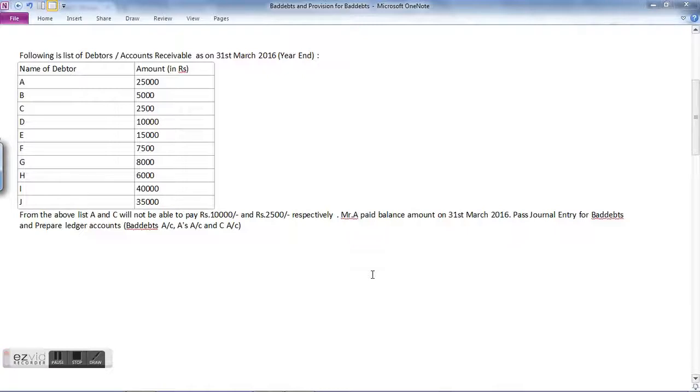Out of 25,000, A won't be able to pay 10,000 rupees, and C won't be able to pay the entire amount of 2,500. Mr. A paid the balance amount of 15,000 on 31st March. Pass the journal entries for bad debts and prepare the bad debts account, A's account and C's account.